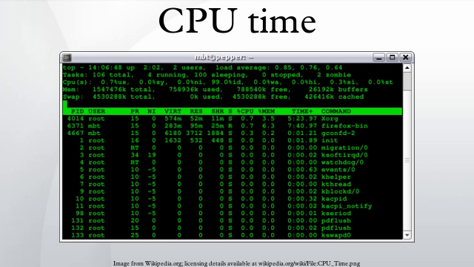This process took a total of 0.337 seconds of CPU time, out of which 0.327 seconds was spent in user space, and the final 0.010 seconds in kernel mode on behalf of the process. Elapsed real time was 1.15 seconds.